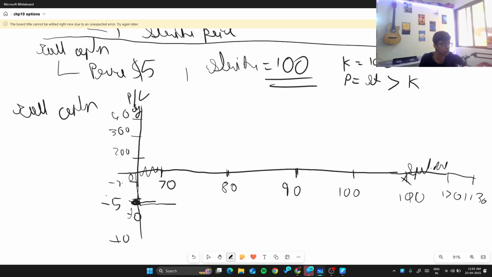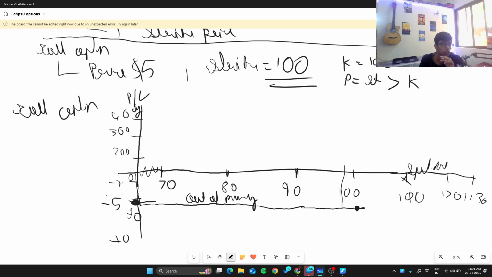So at 70 we are at a loss, at 80 we are at a loss, at 90 we are at a loss, and at 100 we are at the money. So there is a concept of at the money, in the money, out of money, right? At these prices we are out of money because we are in negatives.